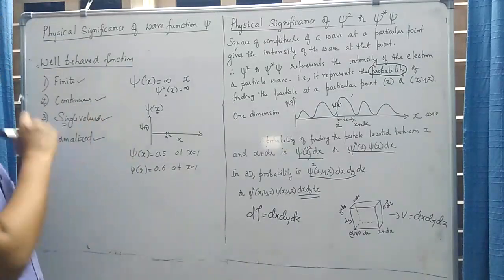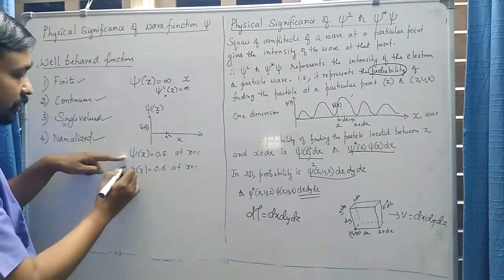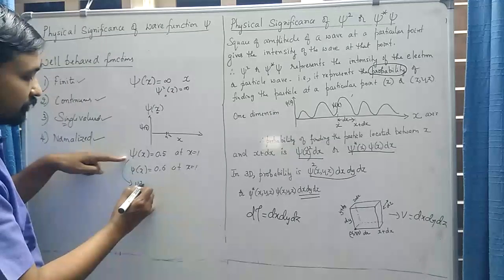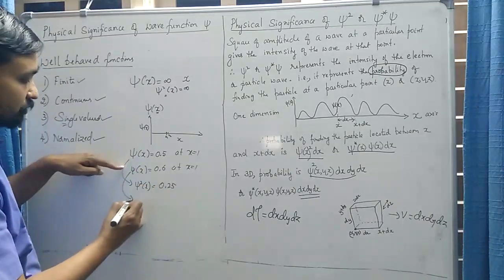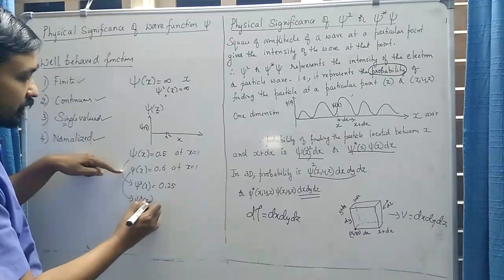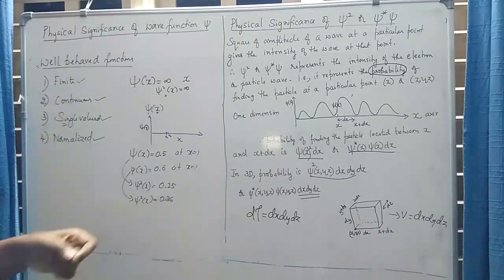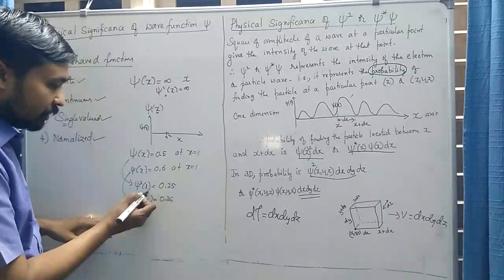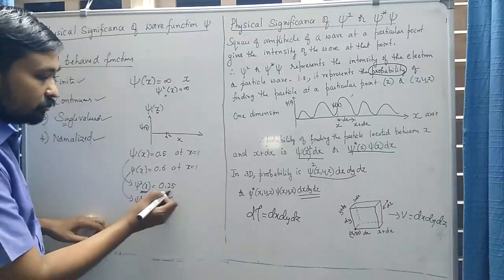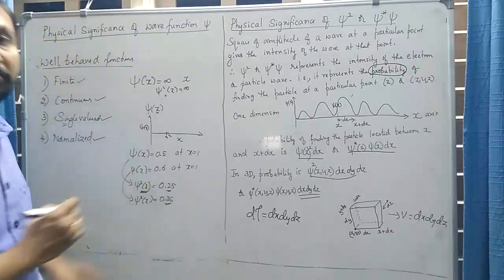Why should it be a single value? Because if it has two different values, let me take the square. What is psi square of x for this particular point? It is 0.25. What is psi square of x for the second value? It is 0.36. So what does it indicate? At the same value of x, that is at the same position for the electron, one value predicts a probability of 0.25, the other predicts a probability of 0.36.